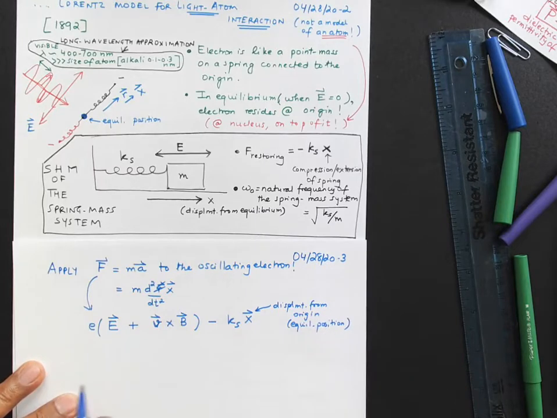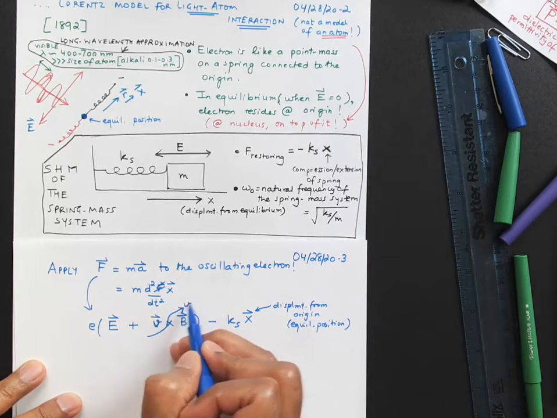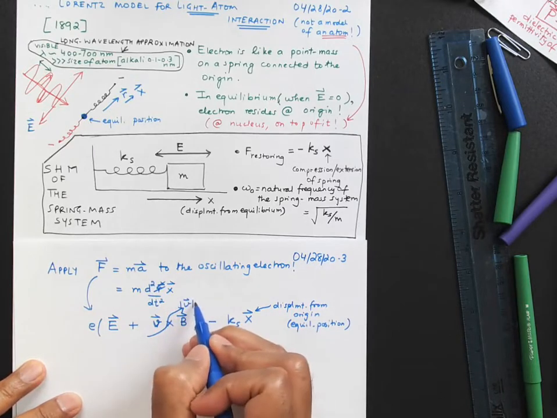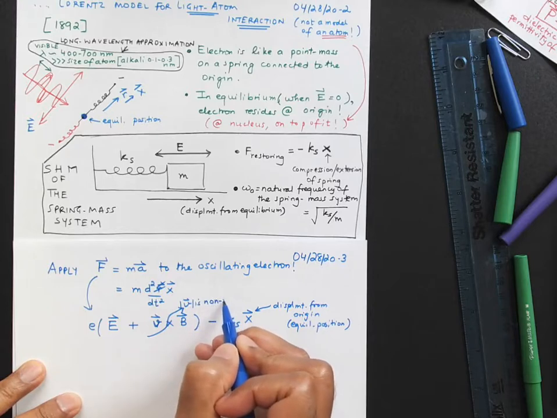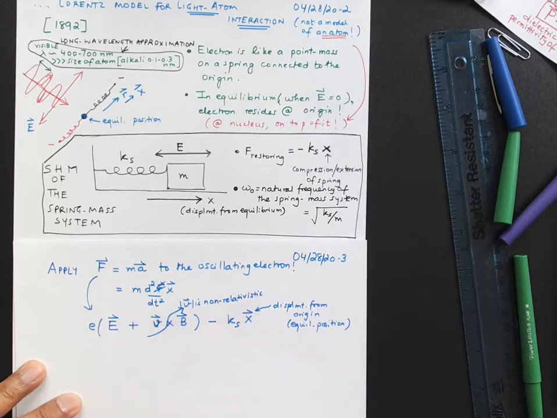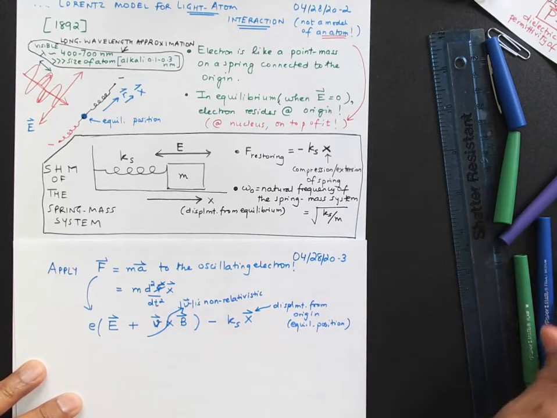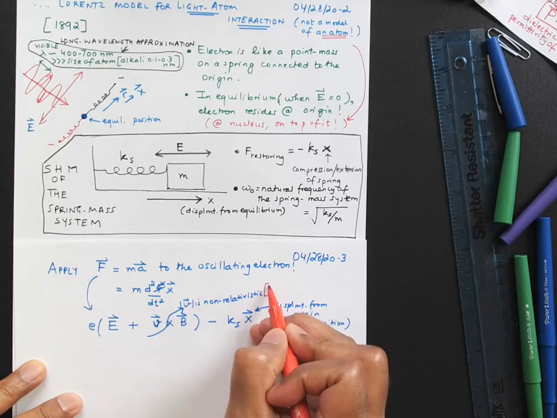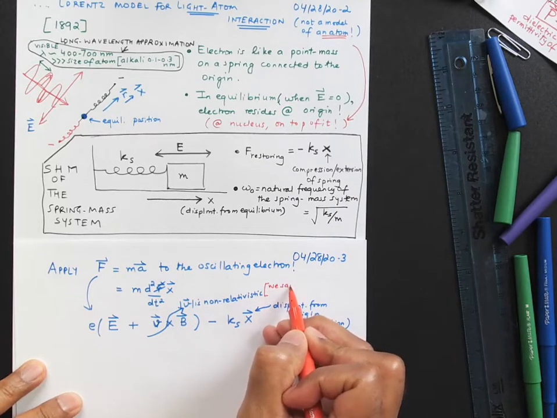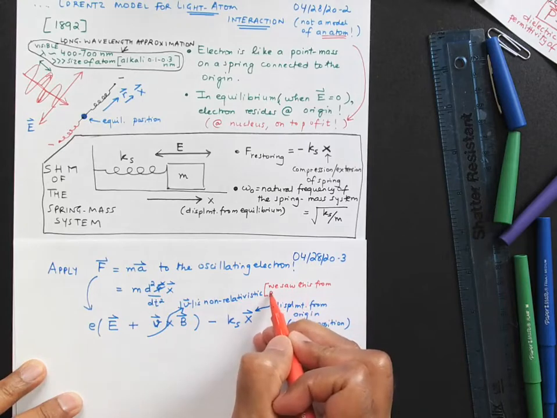We can neglect this because v is non-relativistic. This we saw from our Gaussian unit argument, previous arguments.